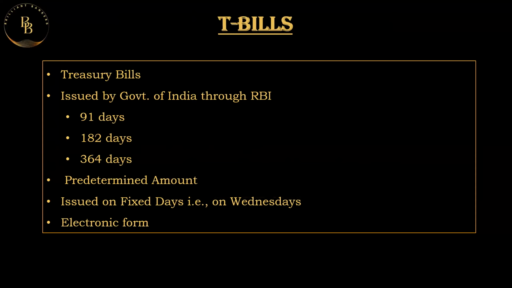And the 364 day T bill is also issued fortnightly on Wednesdays, preceding the reporting Friday. So, counting it as Wednesdays, every Wednesday you have a 91-day T bill, and in every corresponding Wednesday, you either have a 182 day T bill or a 364 day T bill.